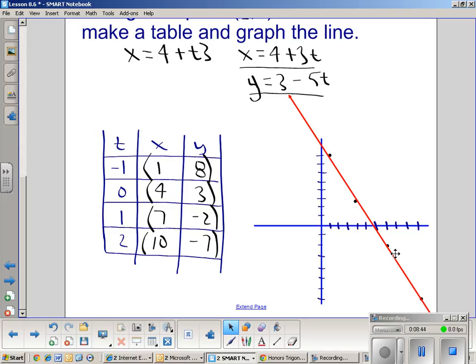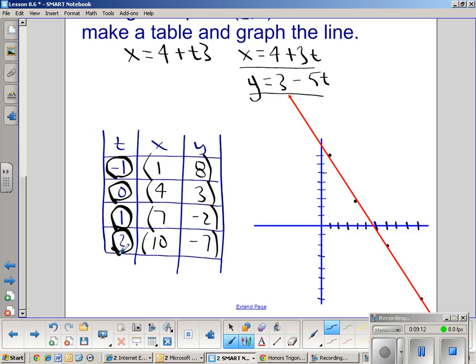Okay? So to find our values for x and y, to graph it, we have to start with our table, and we have to plug in numbers for t. It's like the old t-chart where you chose numbers for x and solved for y. In this case, we choose numbers for t, then we use them in the x equation to find x, we use them in the y equation to find y.